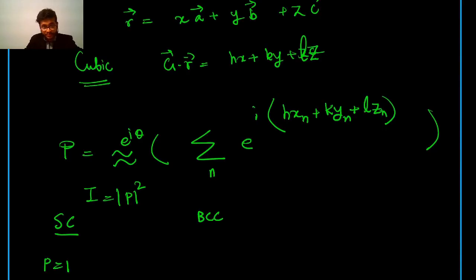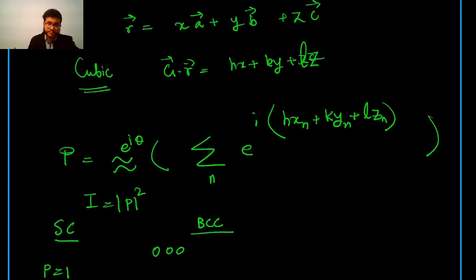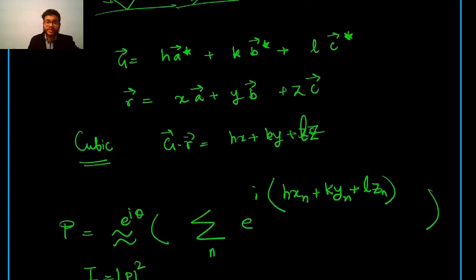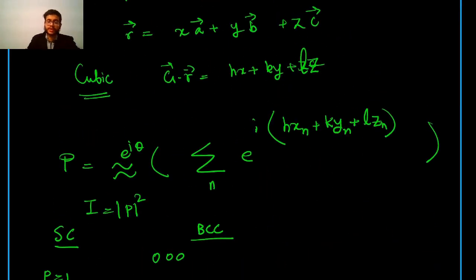For BCC, two atoms are there, 0 comma 0 comma 0, and half comma half comma half. Here again we can also write 2 pi i. This is another convention, depending on what convention you are taking.